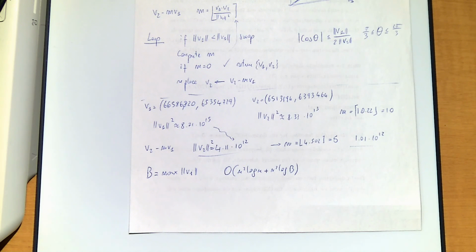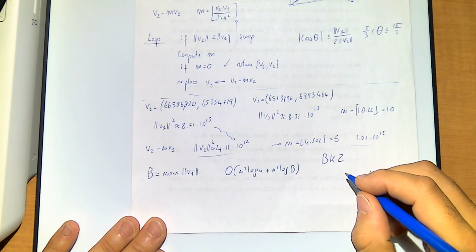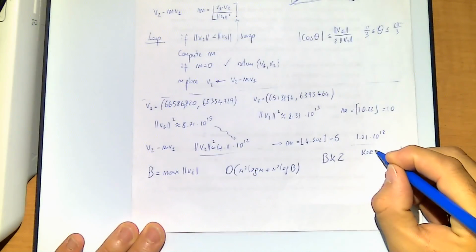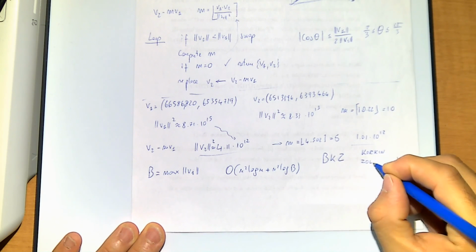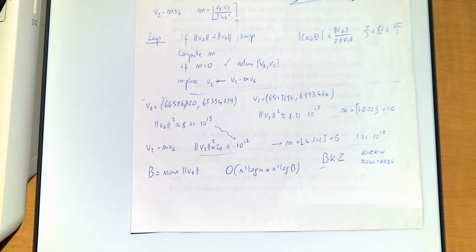And there are obviously several improvements and generalizations. One of them is called BKZ, again from the authors, Korkin and Zolotarev, and the B stands for block, so it works block by block. Instead of swapping, you replace an entire block with another block. It's one of the optimizations that you can imagine in these situations.